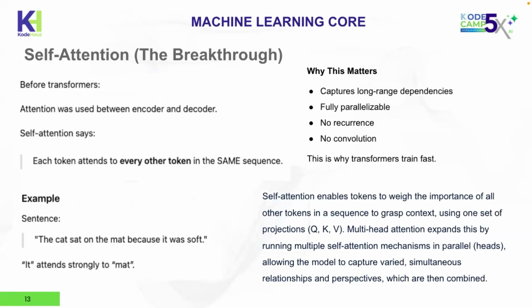So, with self-attention, let's look at it this way. Self-attention allows your tokens to look at each other and weigh the importance of all the other tokens in a sequence to grasp the context. So you use one set of projections. When we say projection, the projections are QKV.